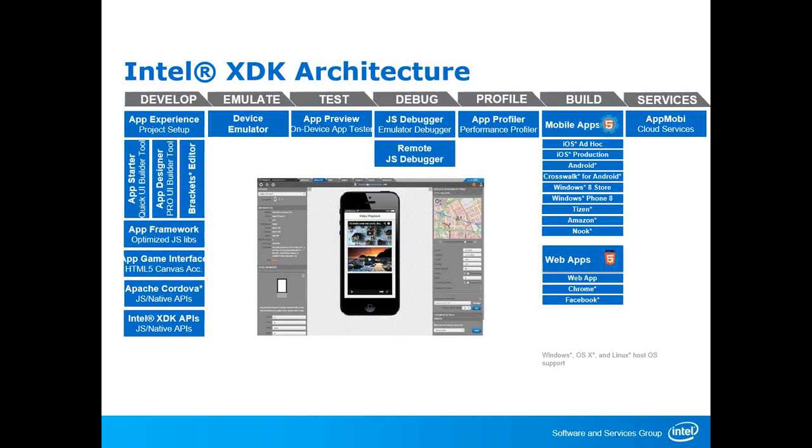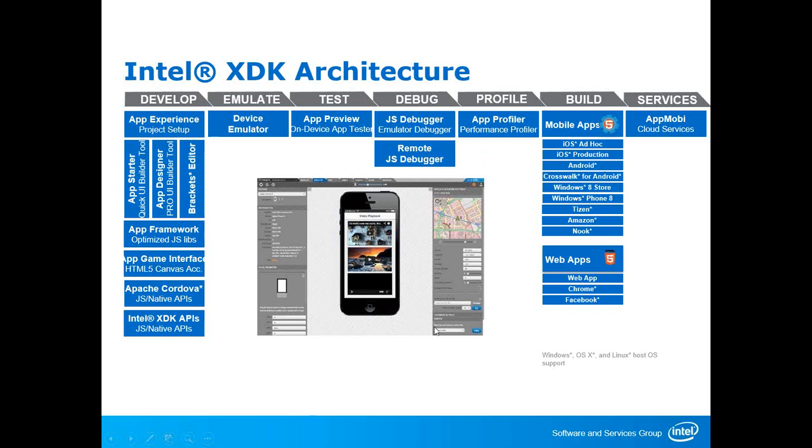So this is the architecture. You can see that it supports end-to-end from development to building to services. It will help you with all the different stages in your application lifecycle. It has an inbuilt IDE, the development tool for developing.